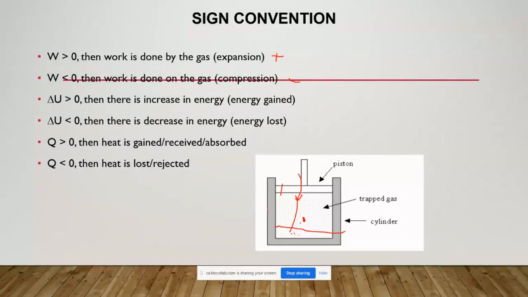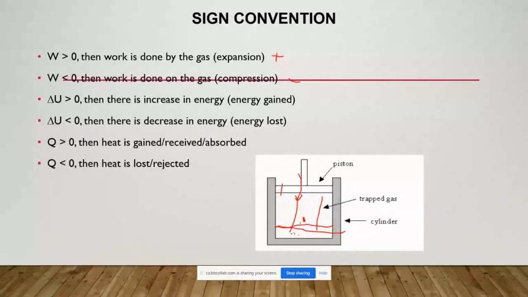I repeat, after compression, the piston will move up to here. It can no longer compress this gas further. The gas here is highly compressed, and it is fighting back, it wants to expand. When it expands, it pushes the piston back.